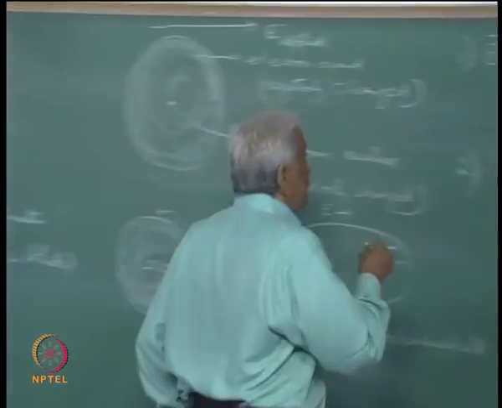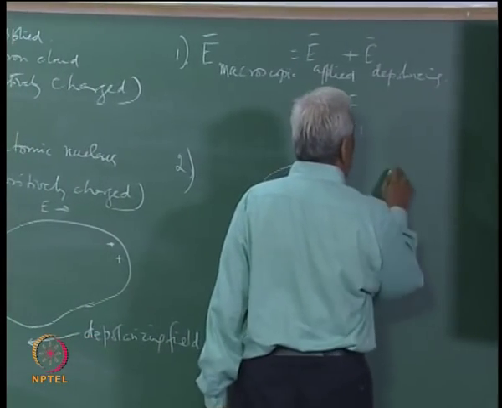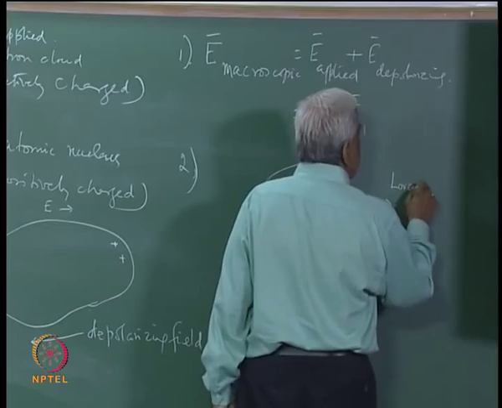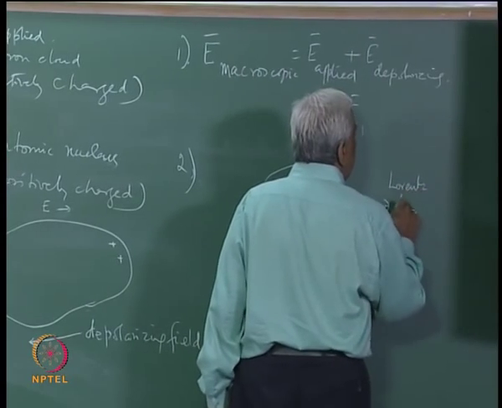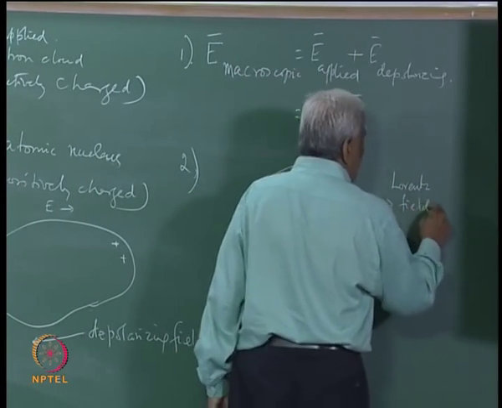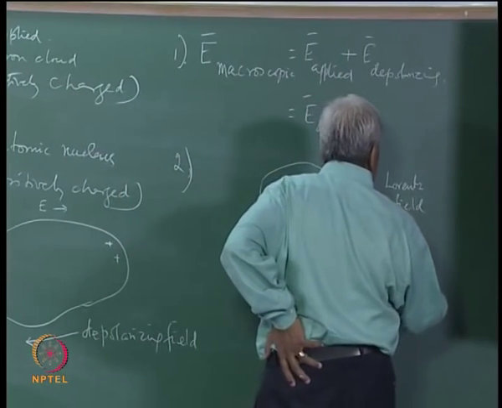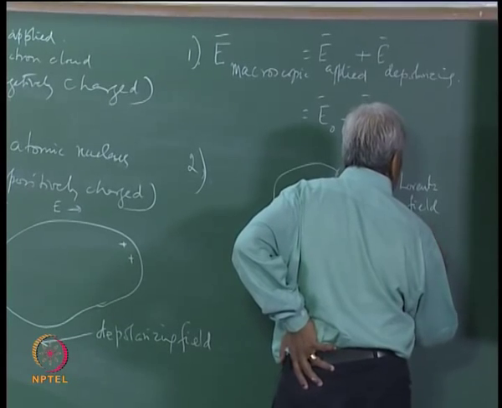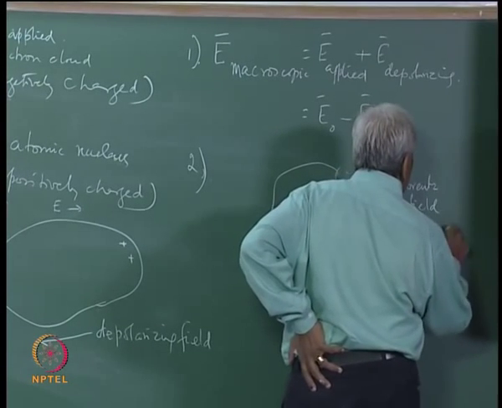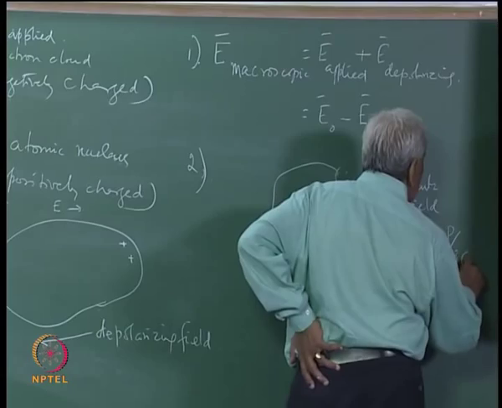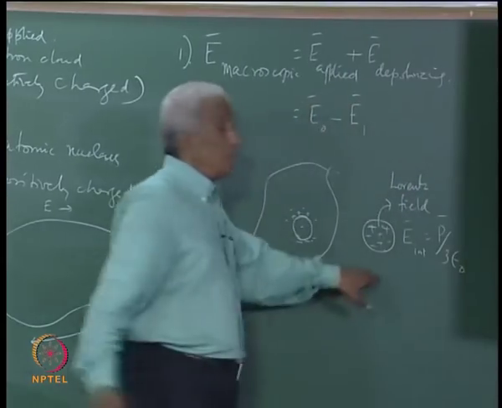This electric field is known as the Lorentz field. Lorentz calculated its value, and it can be shown that this field, E internal, is P by 3 epsilon naught for a sphere.